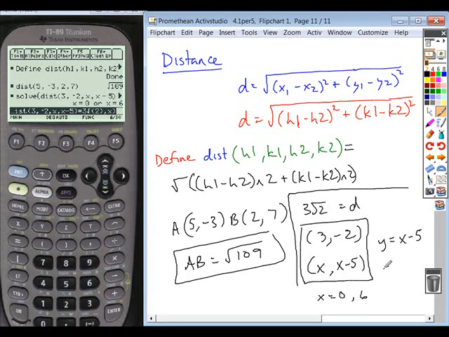So if x is 0, what's the corresponding y? 0 minus 5. And if x is 6, what's the corresponding y? 6 minus 5. So here would be your two solutions for that. And it just saves you the time of doing the calculations. You still, again, need to understand the process, but you get the calculations done.